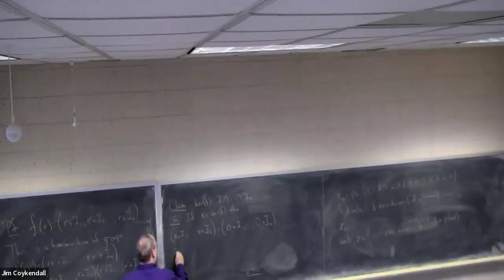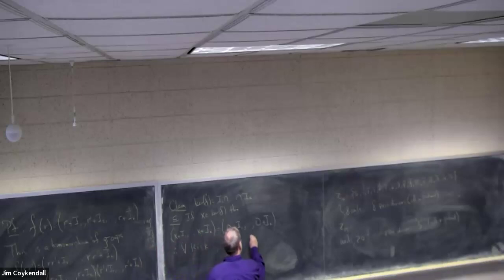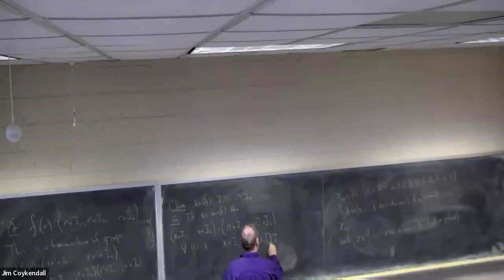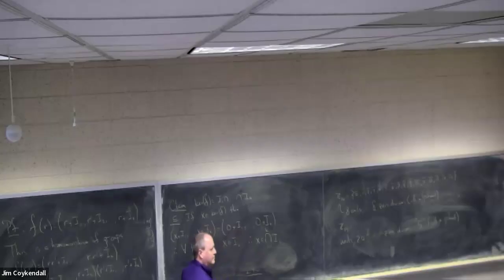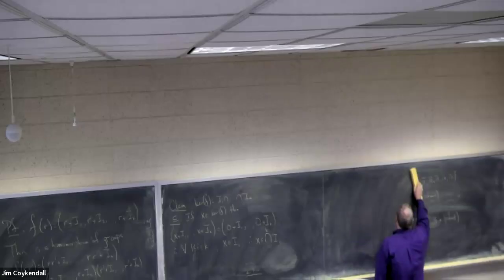Therefore, for all i between 1 and K, X is in I_i. Right? For example, for this to be 0 plus I_1, that means X is in I_1, all the way up here, X has to be in I_K. So the kernel of F is contained in that intersection.